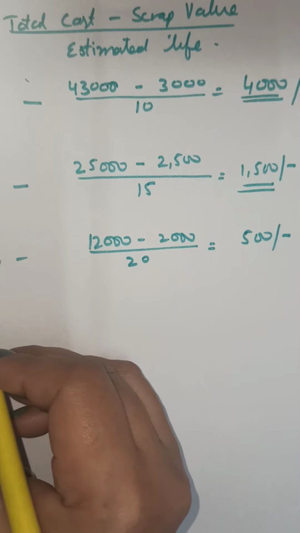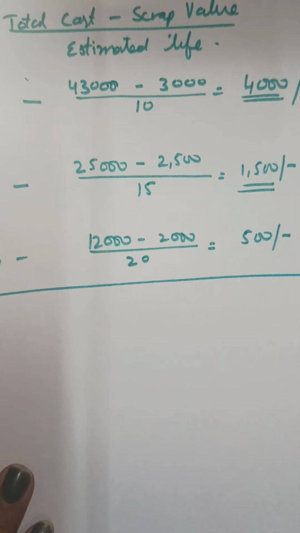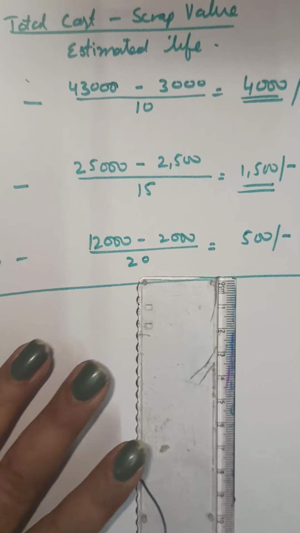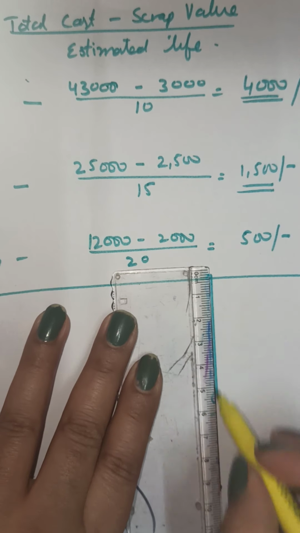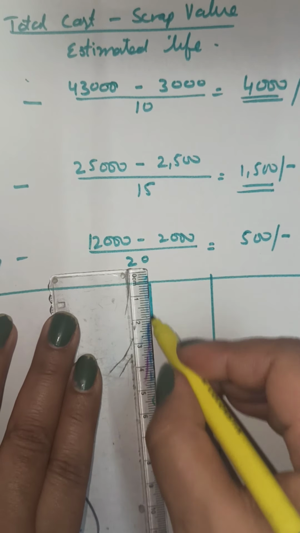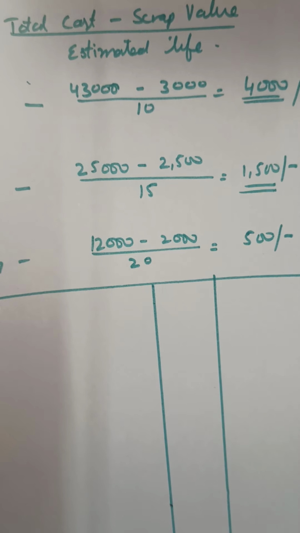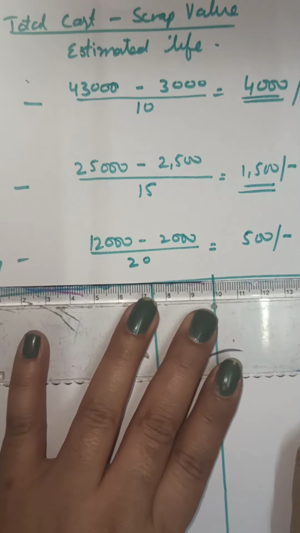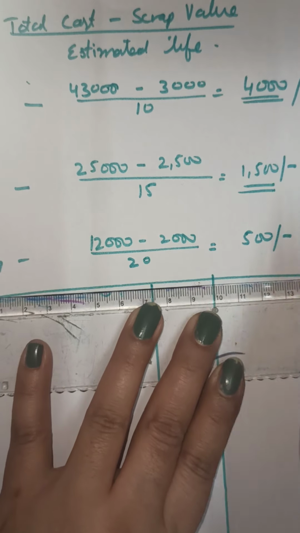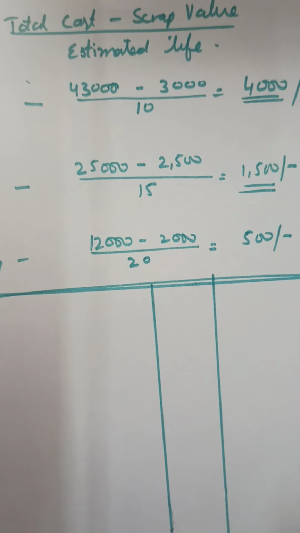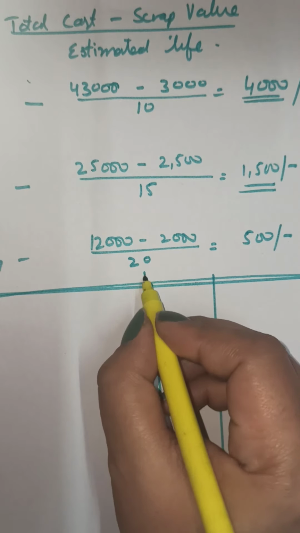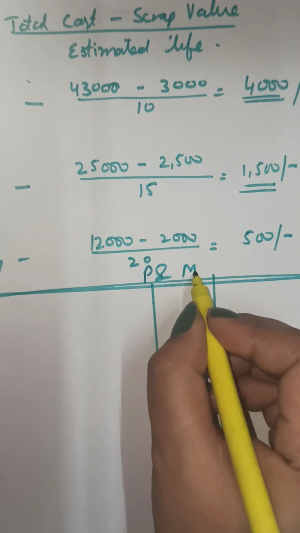Now we will have to make the asset account. In the asset account, we always write the name of the asset, plant and machinery account.